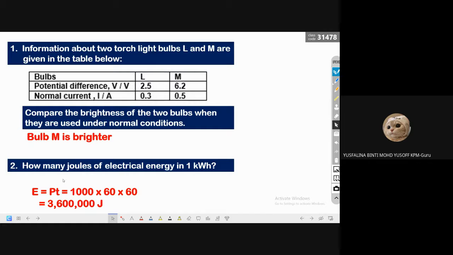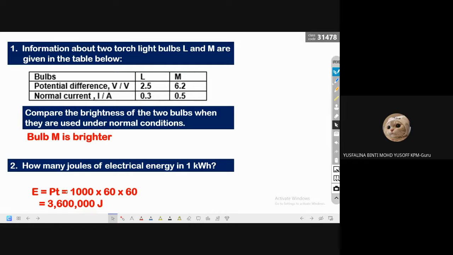So remember, whatever it is, you have to see. If it is joules, time must be in second. Let's say for force, Newton must be in meter. If they give you in cm and ask you to find the force, you need to change the cm to meter. The unit is the important part.